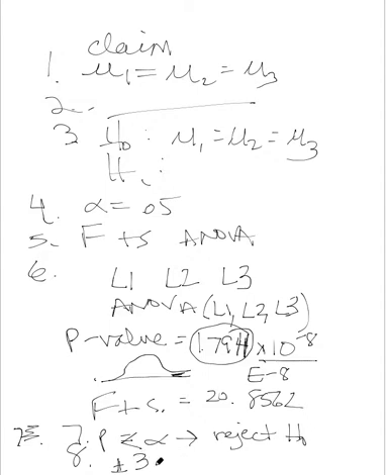I would write something like, there is sufficient evidence to warrant rejection of the claim that the 3 samples are from populations with the same means. Okay, then it asks, what do the results suggest about the effects of secondhand smoke?